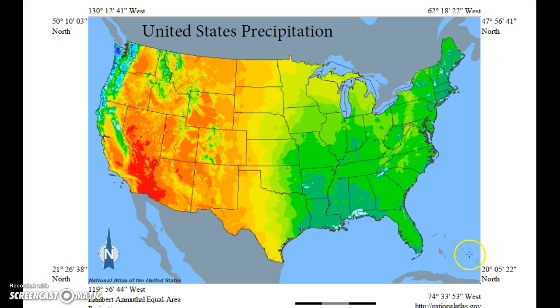On the eastern side of the continent, the currents are flowing from the tropics to the north. So they're moving from south to north, bringing warm tropical water towards the north.